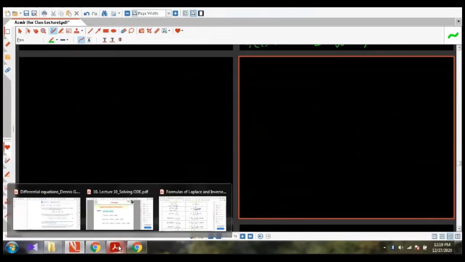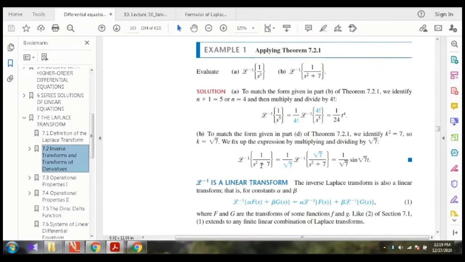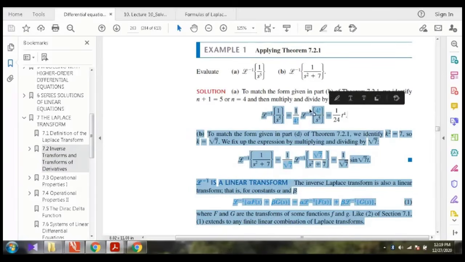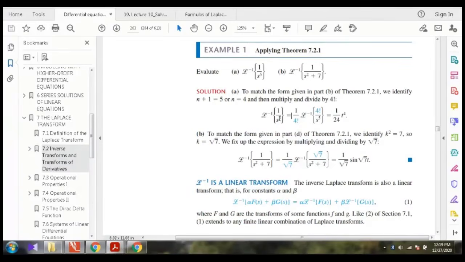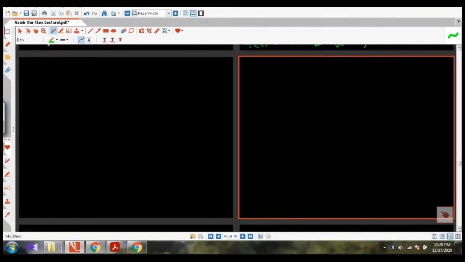For your practice, I suggest you please go through 7.1, 7.2 and 7.3, at least the examples. The solutions are there, but you have to know how the author has solved the problems. So let's move to the complicated problems.